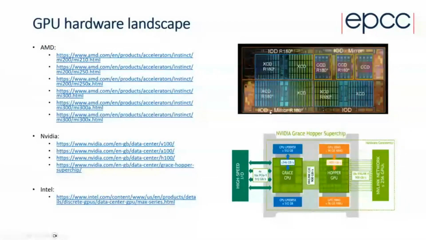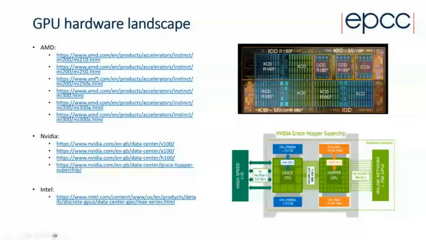Right, okay. Just to finish off, before we take a break in a few minutes, I just wanted to highlight the GPU hardware landscape and some of the other software landscapes, just so you're aware of what else is out there. I've provided links here to a number of different GPU products that are either available or latest, the current generation and the next. So we're starting at the top, MI210s.